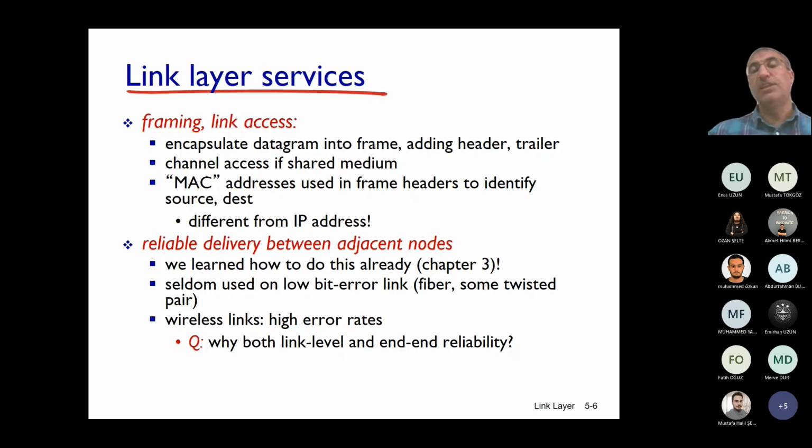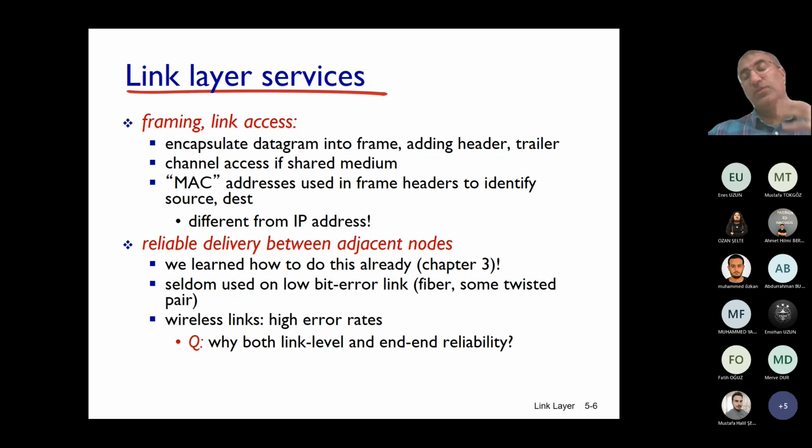Okay, so after this introduction, now we are ready to talk about the services at this layer. The first important job or function of this layer is called framing and link access.